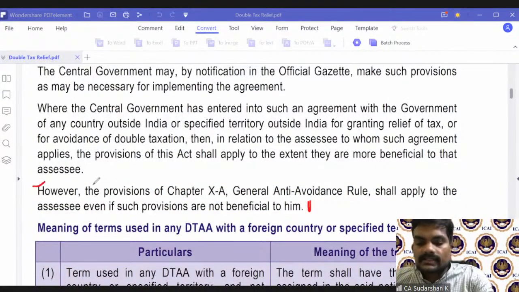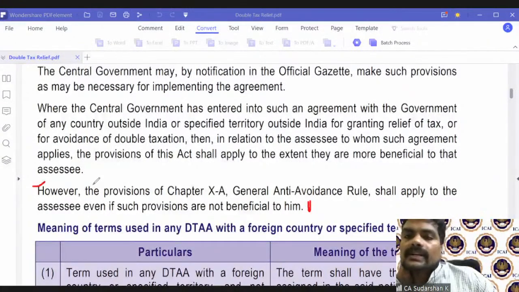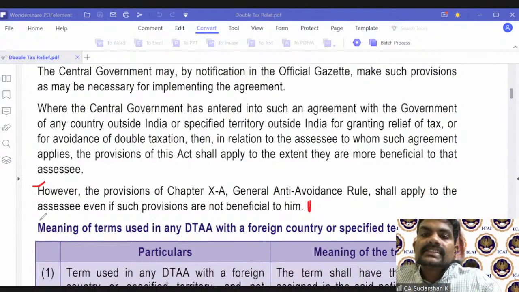However, this is coming as part of section 90, subsection 2A: however, the provisions of chapter 10A, general anti-avoidance rule, shall apply to the assessee, even if such provisions are not beneficial to him.